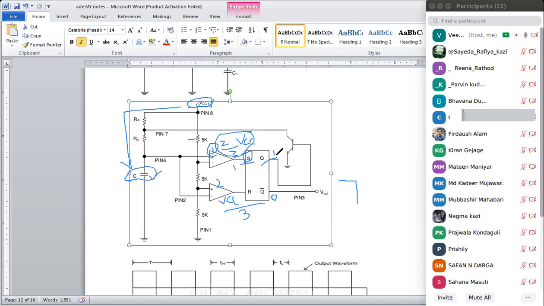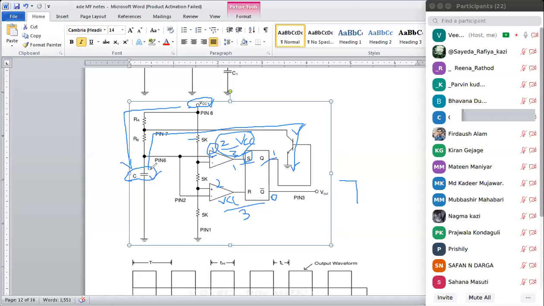And as Q is 1, the transistor now turns on. So now what will happen? The capacitor has already been charged, so whatever the stored charge is, it starts discharging through this transistor. This voltage of the capacitor starts falling.